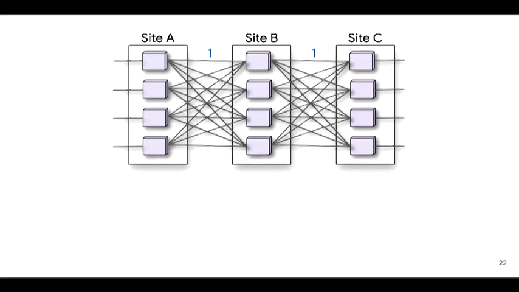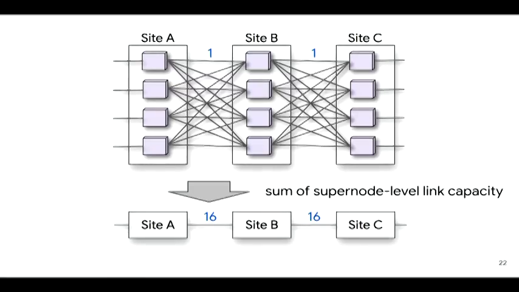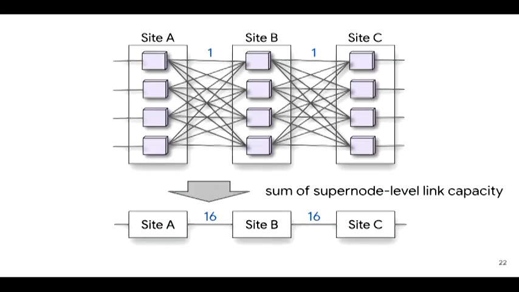And because our TE allocates tunnels at the site level, we need to create the abstract topology at the site level, right? And in this case, the site-level link capacity is simply the sum of the supernode-level link capacity. But this is only true when the network is symmetric.